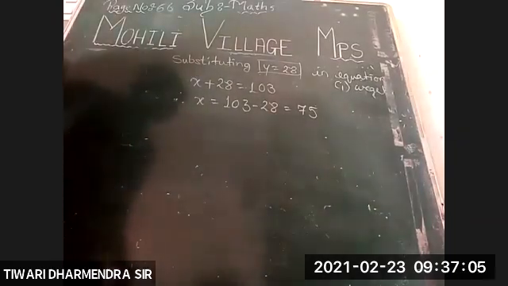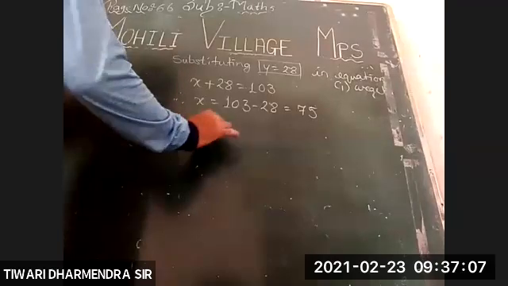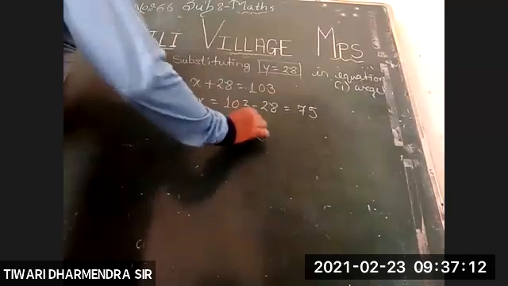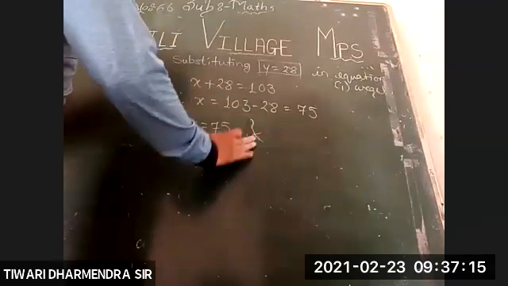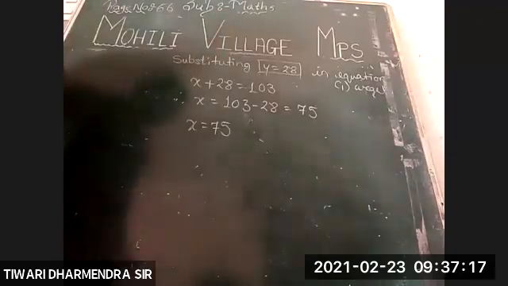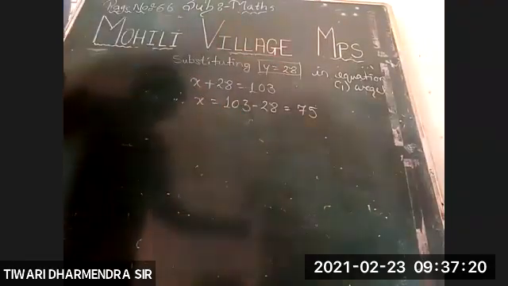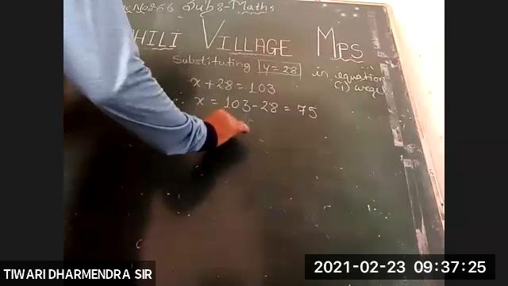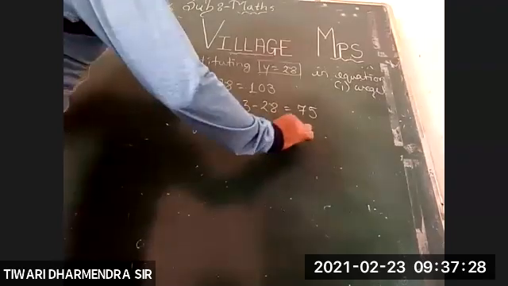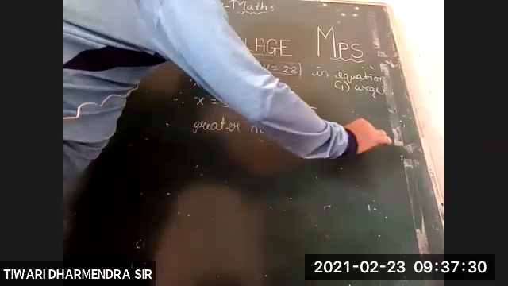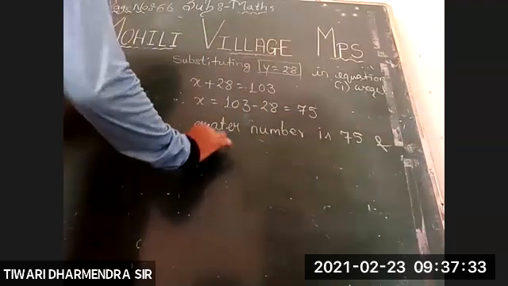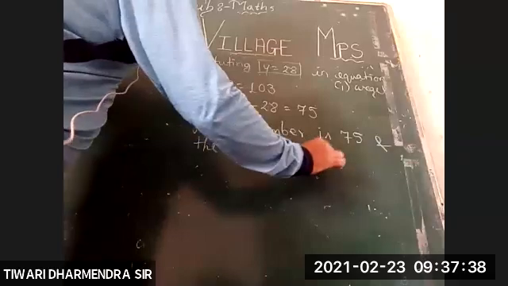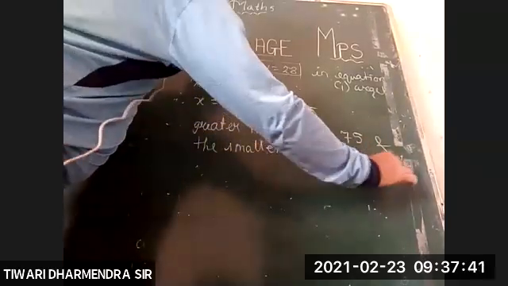After verification, you need to write that the greater number is 75 and the smaller number is 28.